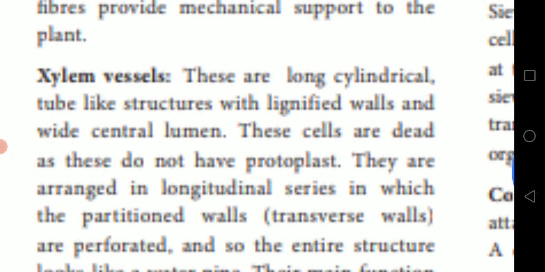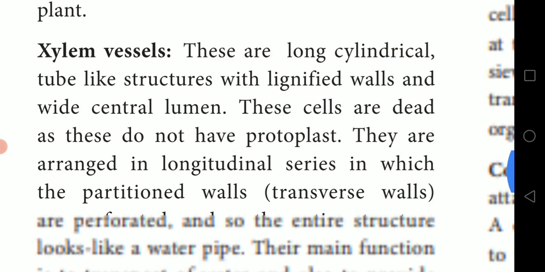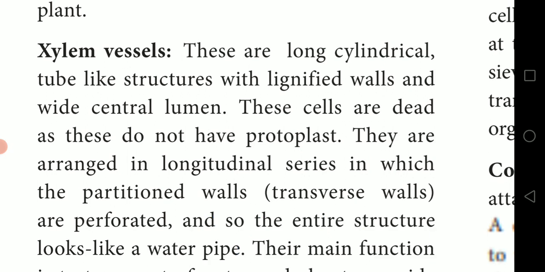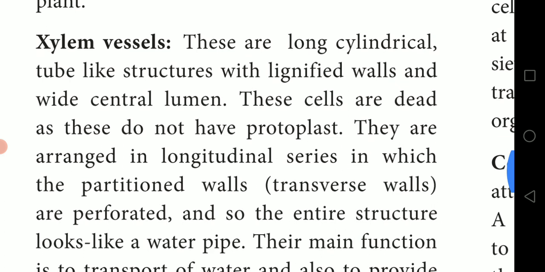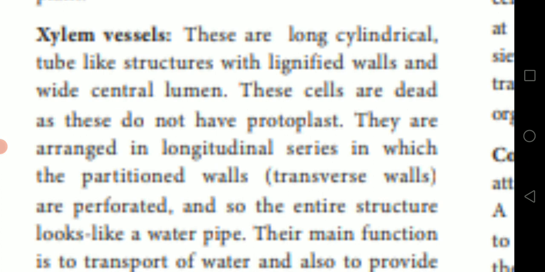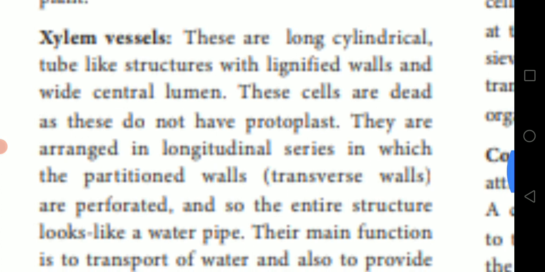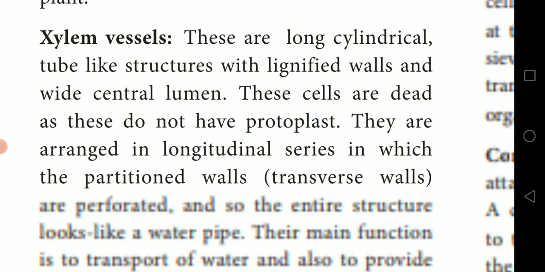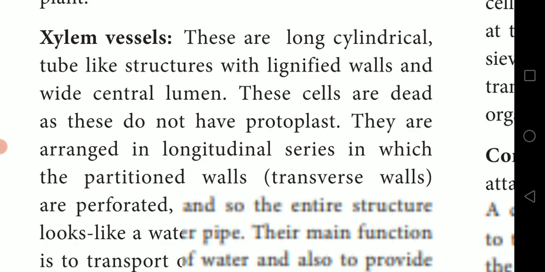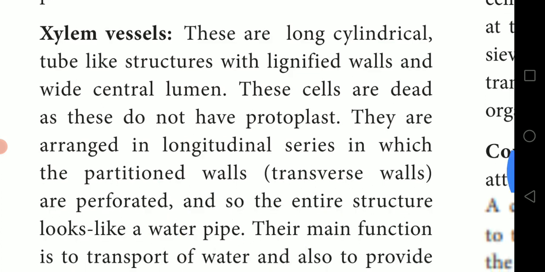The next topic is xylem vessels. These are long, cylindrical, tube-like structures with lignified walls and a wide central lumen. These cells are dead as they do not have protoplasts.